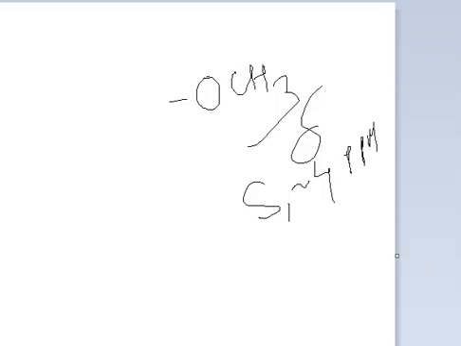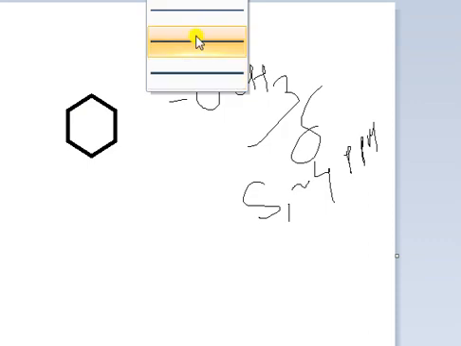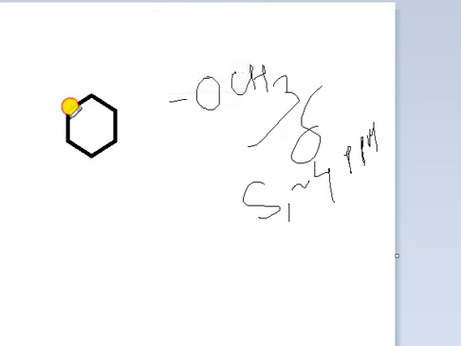So let's draw a cycle, and here this is the benzene ring, and the benzene ring having one ring, that is one double bond equivalent, and we can draw this is another double bond, here is another double bond, here is another double bond, and this is monosubstituted, and already one is OCH3.